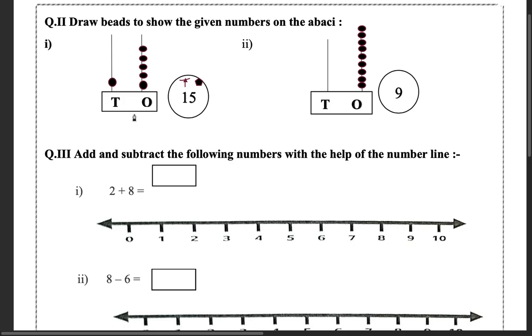So this is for number 15 and this is for number 9.